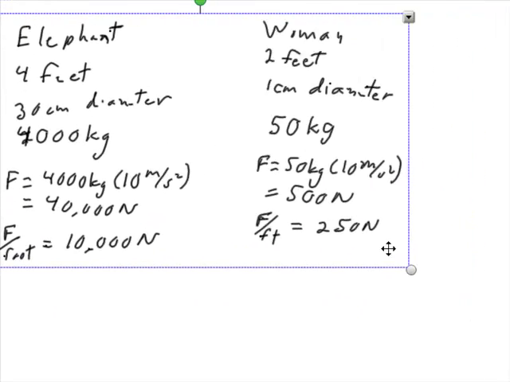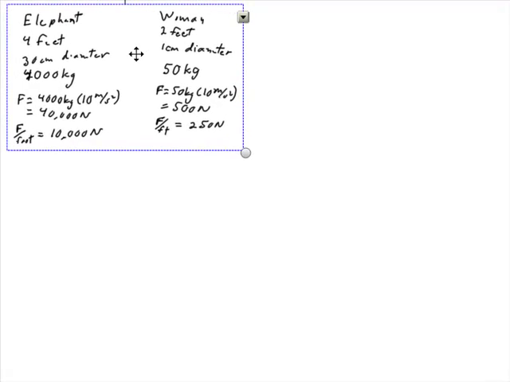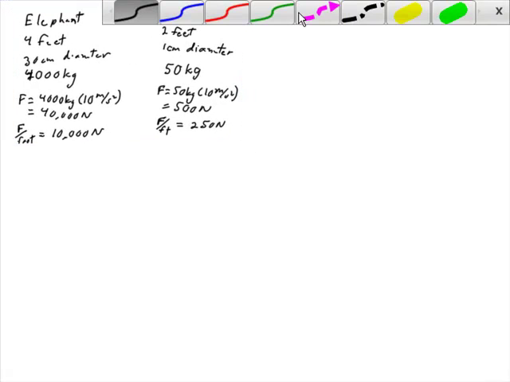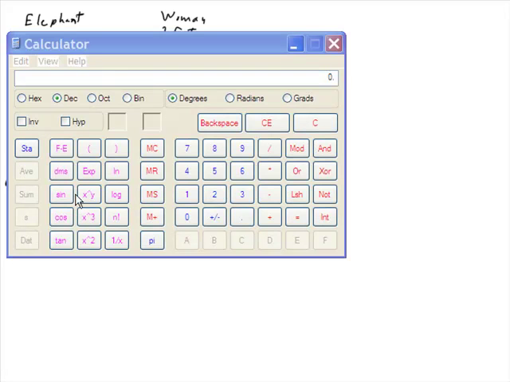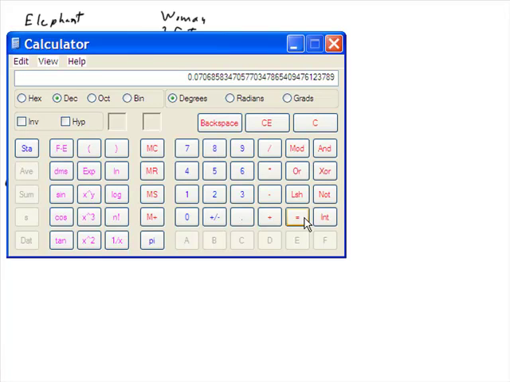But now, let's consider the pressure. The area of the elephant's foot is pi times 0.15 meters squared. All right, so I have pi times 0.15 squared. Okay, so that's an area of 0.071 meters squared.